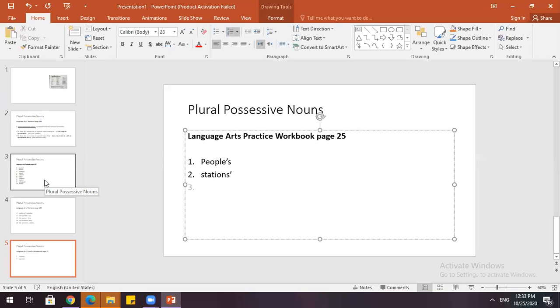Okay, number 3. Birds' feathers were covered with oil and had to be cleaned. Birds, and we will add apostrophe. Excellent. Okay, number 4. Helpers followed naturalists' instruction on what to do.